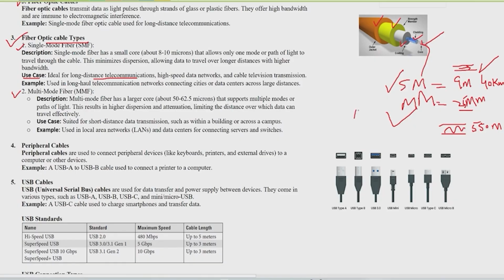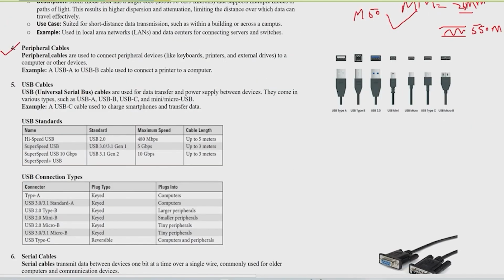Multi-mode will be, for example, 50 dirhams per meter, and single mode maybe 200 dirhams per meter. That is costly, because you use it outside to carry the signal over more distance. Usually we connect multiple buildings with single mode, and inside we connect the computers with multi-mode.